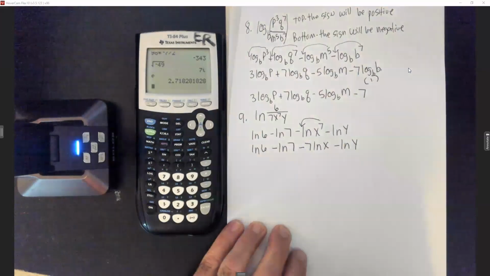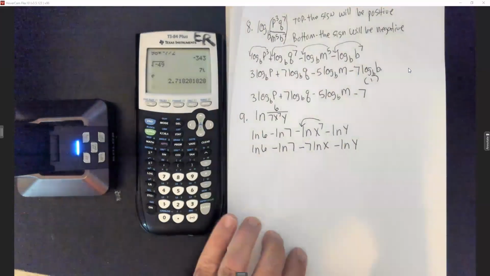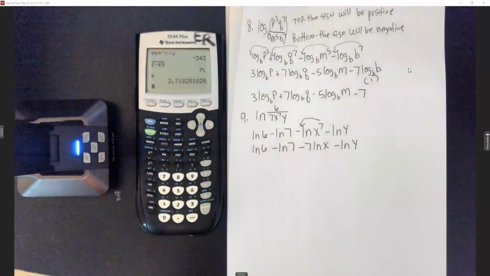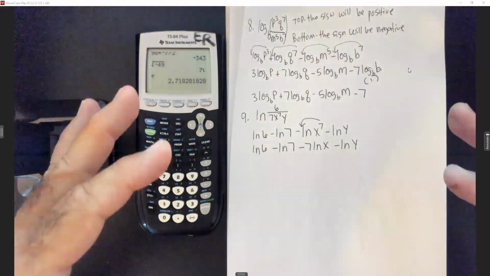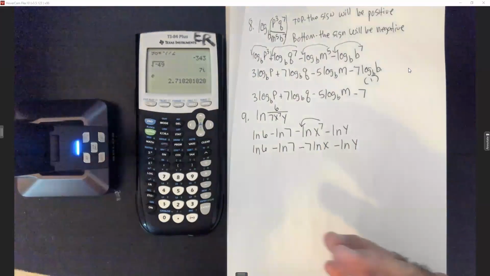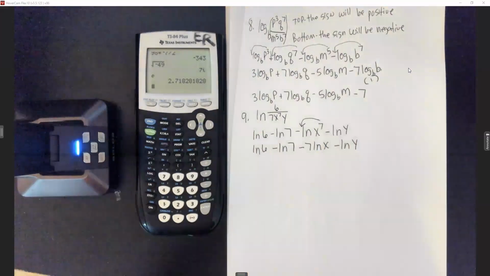So I will say one thing that makes these questions a little trickier is they never really get smaller. We're rearranging stuff, but I don't get a single answer out of these. It's just simplifying them and making them a little smaller.